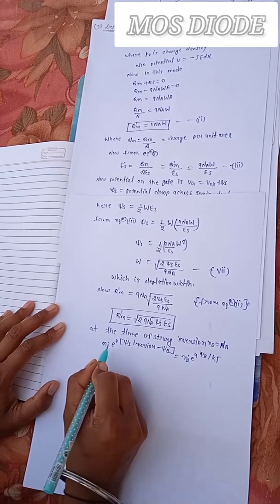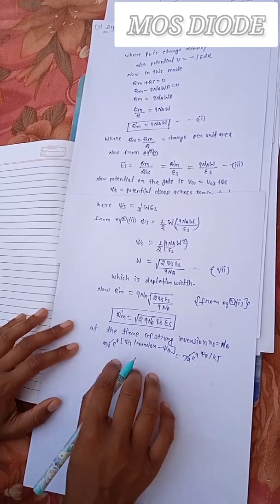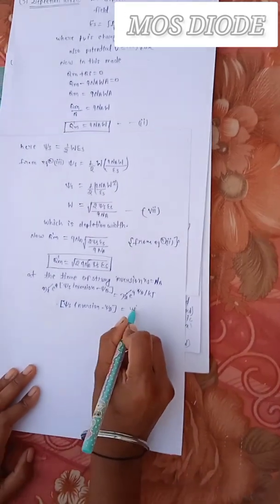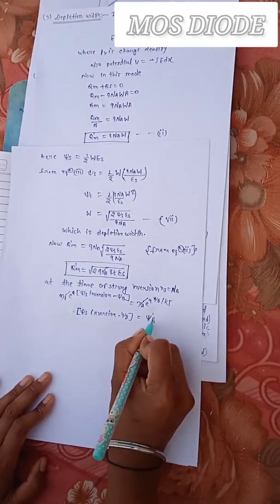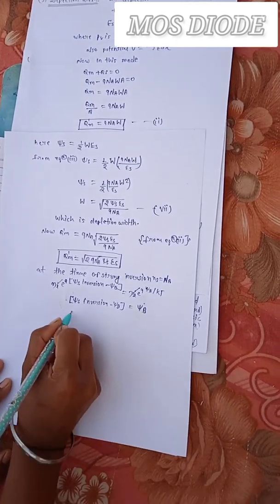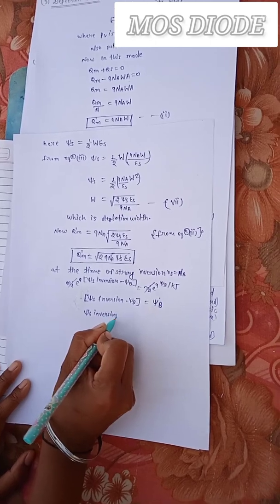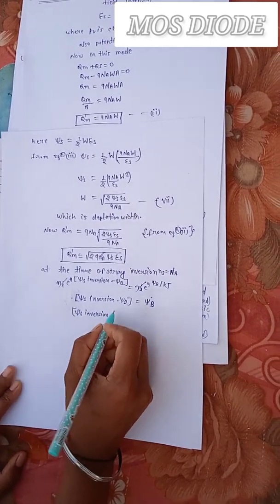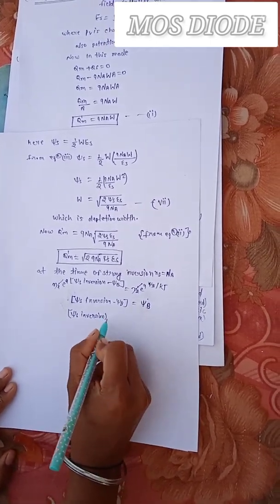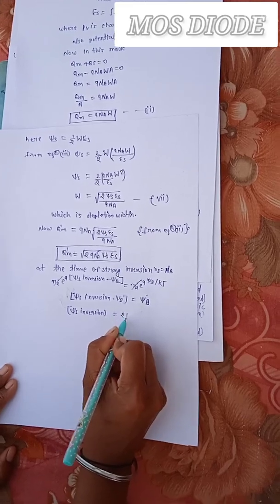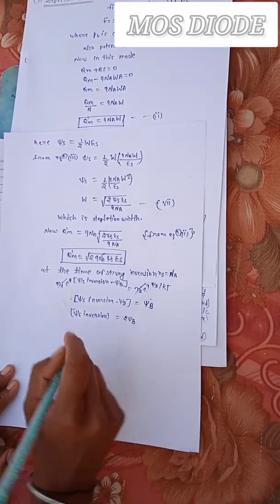Then ni is cancelled, and the base is same. Phi s inversion minus phi b equal phi b, then phi s inversion equal to phi b plus phi b, this side change.